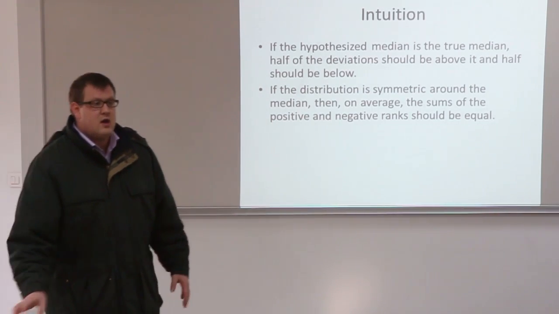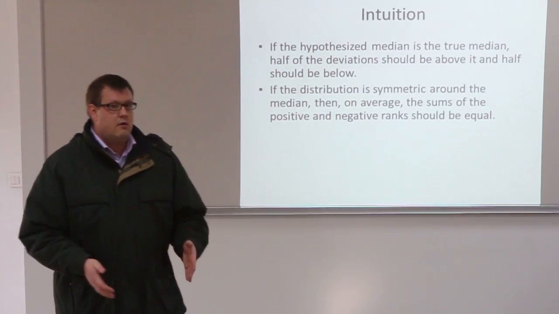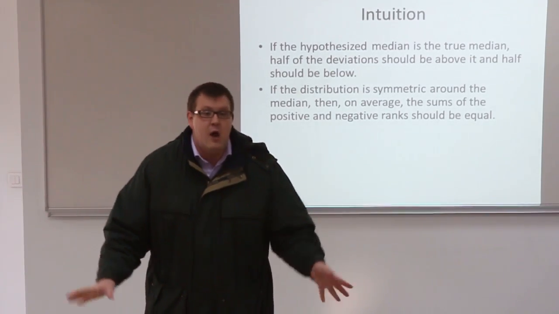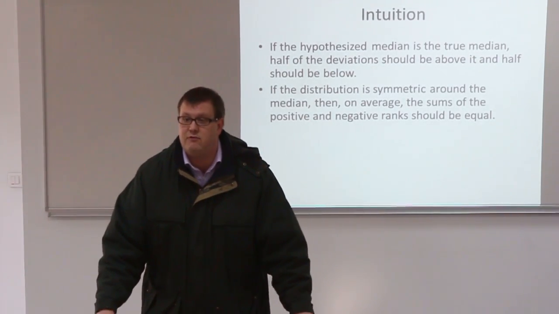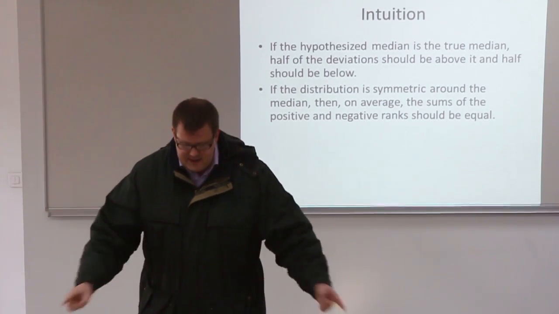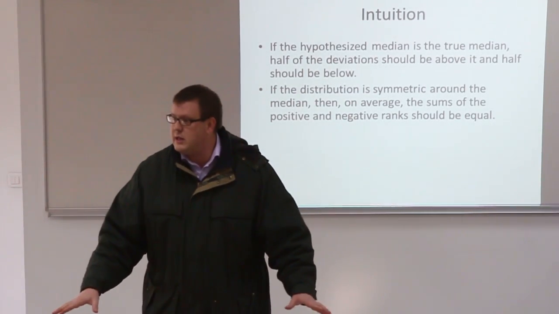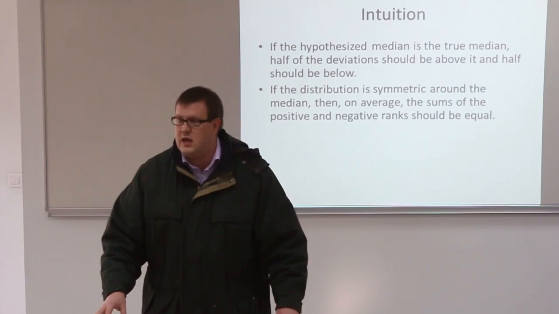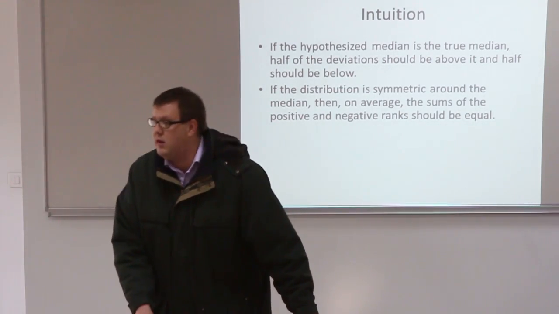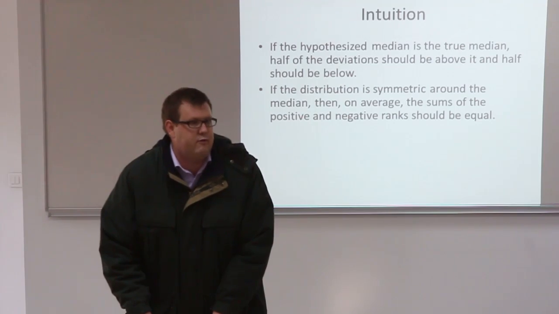If the distribution is symmetric around the median, then on average, the sums of the positive and the negative ranks should be equal to one another. Half of them are going to be positive, half of them negative, but we don't just care about negative and positive, we want the absolute deviations. But if it's distributed symmetrically, you're just as likely to get a large negative one as a large positive one, or a small negative one as a small positive one.